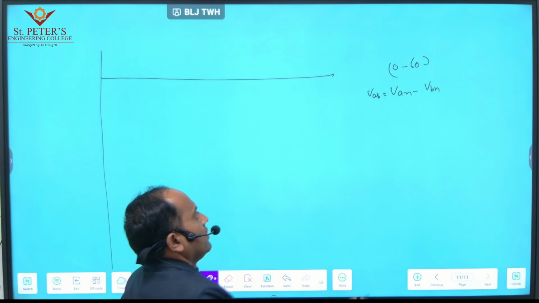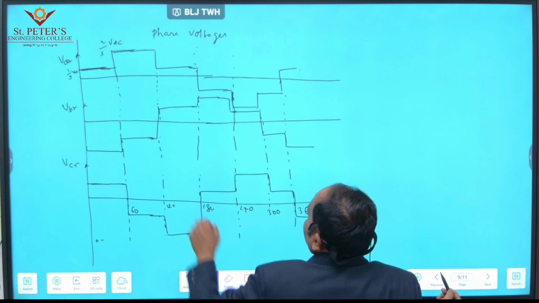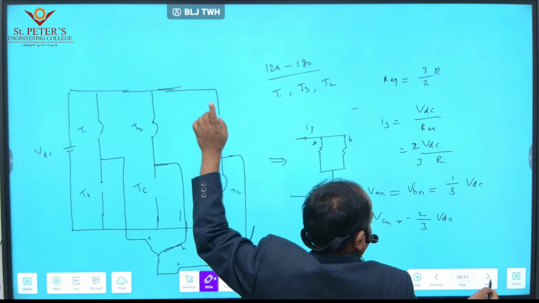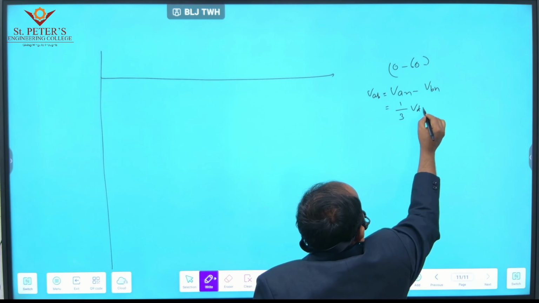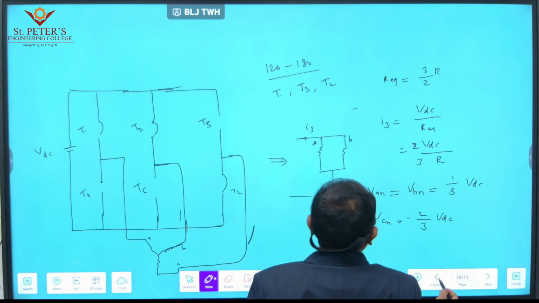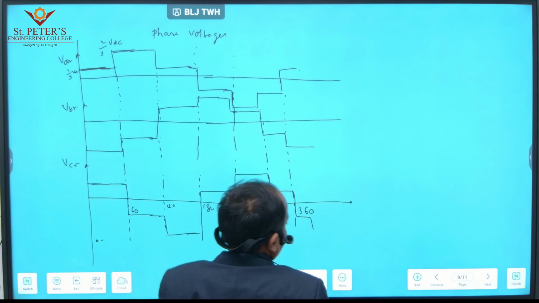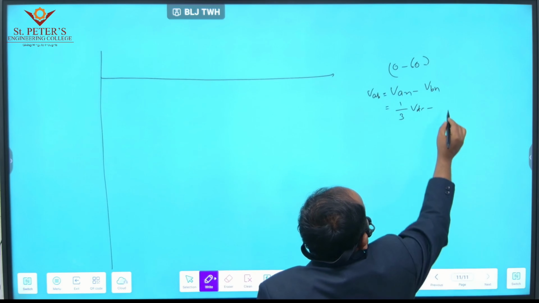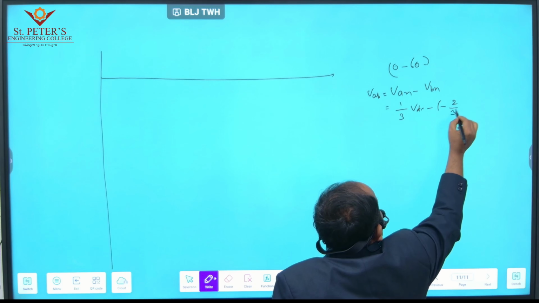Then what is VAN for 0 to 60 degrees? VAN is 1 by 3 VDC. And what about VBN? VBN is minus 2 by 3 VDC. Yes or no? So that is minus of minus 2 by 3 VDC.